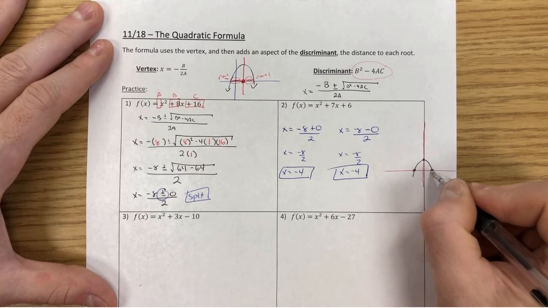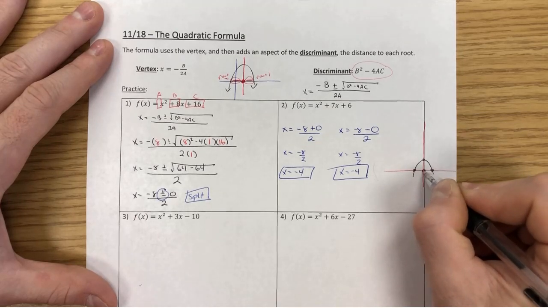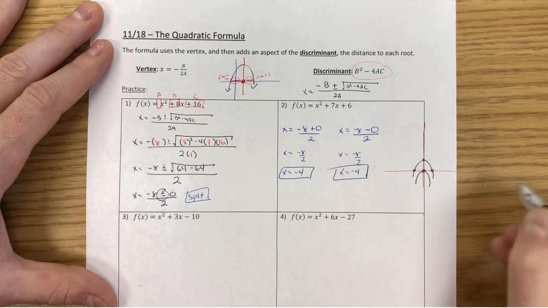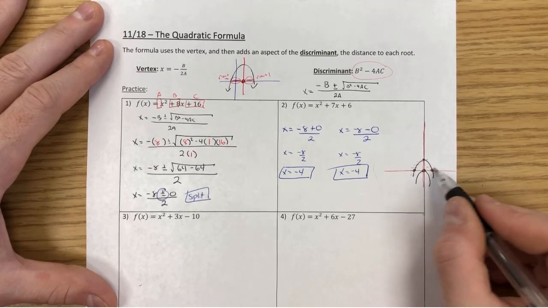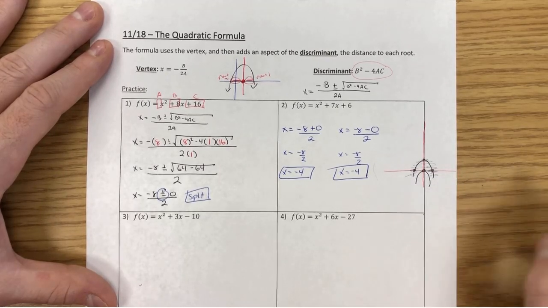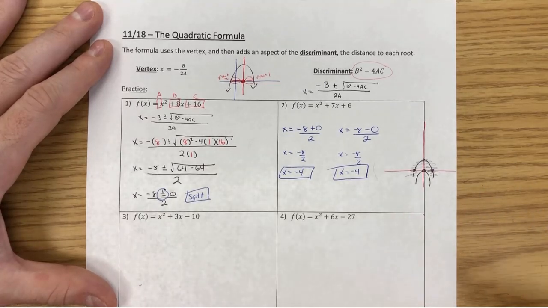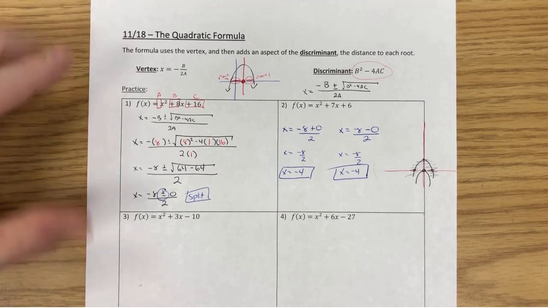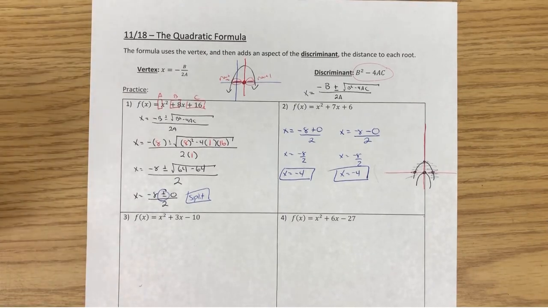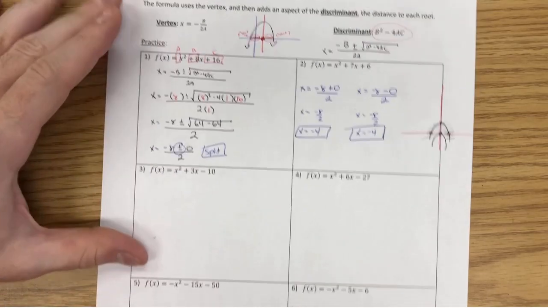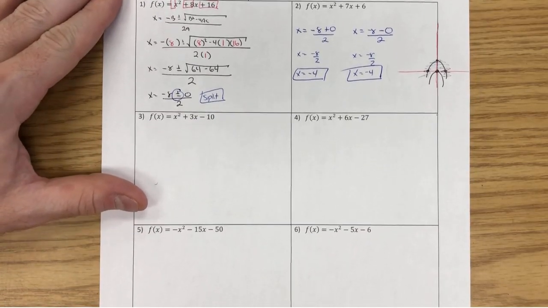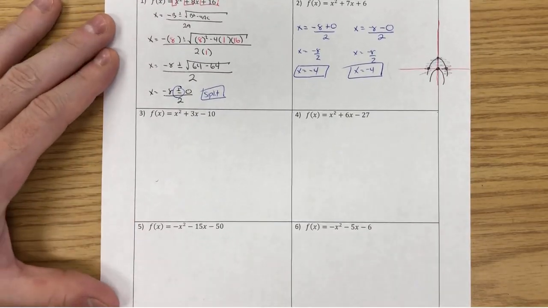The only way I can get that gap to be so tight is if my two roots are on the vertex. I'm going to see something that's so close that the two roots are on top of each other. And now again, you can't actually prove this by hand factoring. We're not going to worry too much about it. The idea is that, boom, we take the vertex and we add and subtract that distance, and we'll get the two roots.